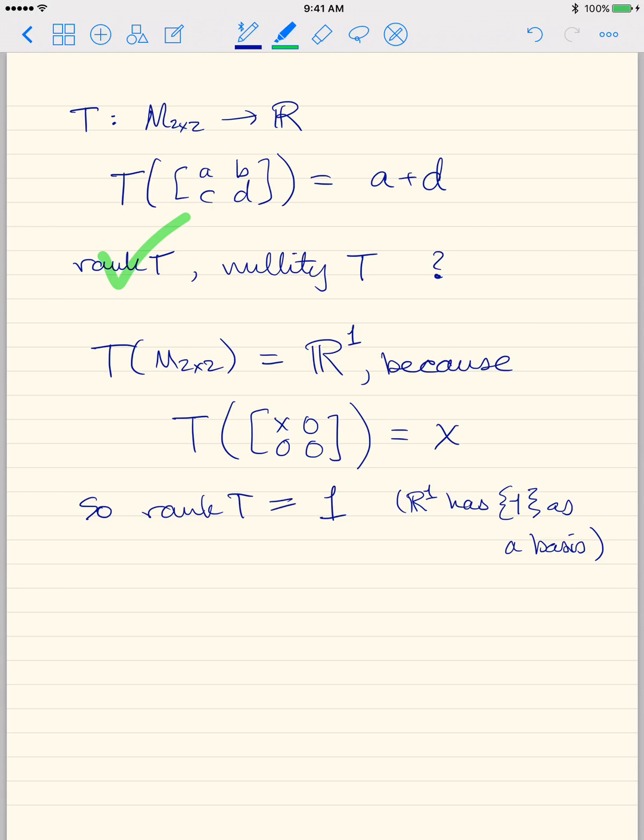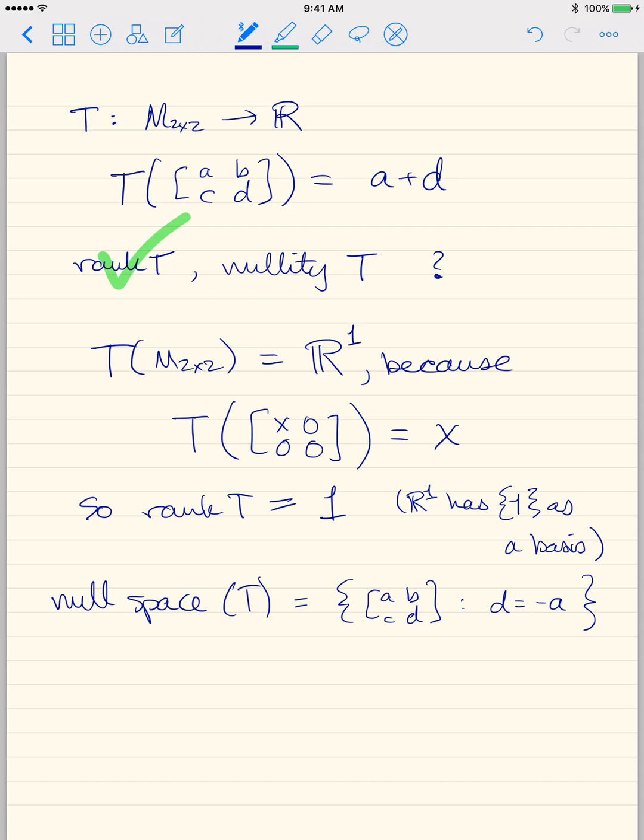So the null space of T is the set of matrices such that the two diagonal entries are negatives of each other. Right, just all the matrices where the bottom right is equal to -1 times the top left.